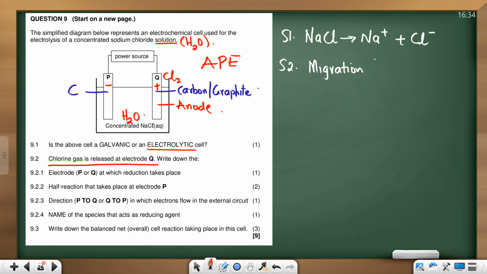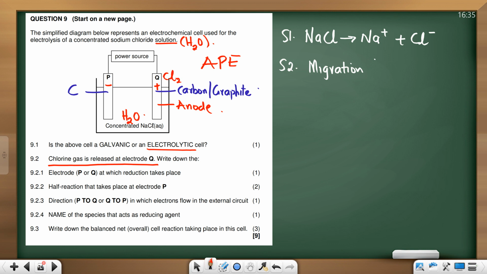So, let's answer 9.2.1 to 9.2.4. Electrode P or Q, write down where reduction takes place. Is it P or Q? Where will reduction take place? Reduction takes place at the cathode, and that is P. You see, we're done.